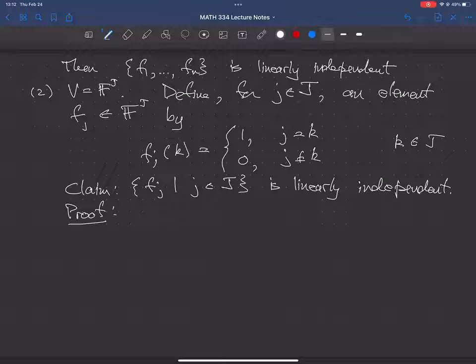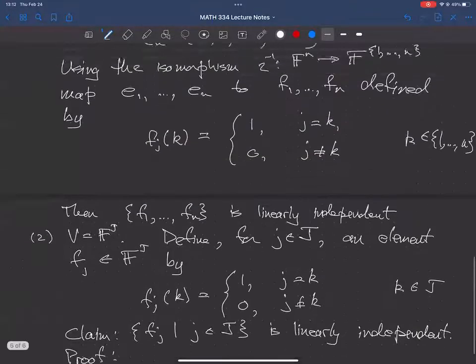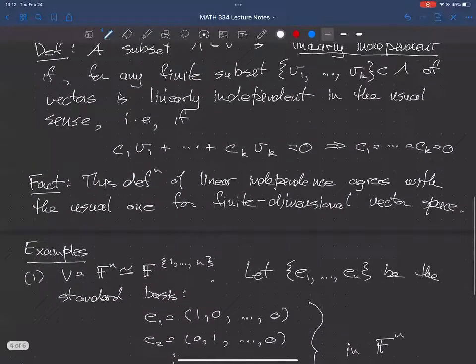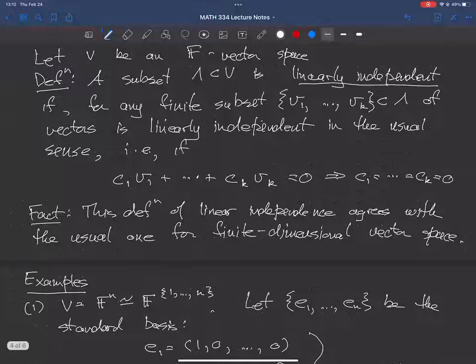What's the definition of linear independence? Well, the definition of linear independence that I gave here is that I choose any finite subset and I show that it's linearly independent in the normal sense. So I take a linear combination of them, set it equal to 0, and then show that all of the coefficients must equal 0.